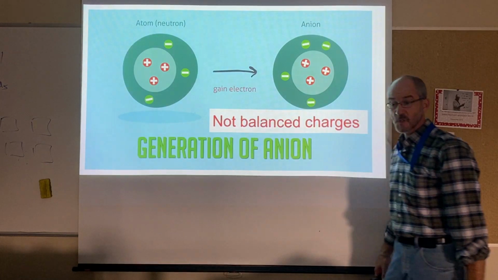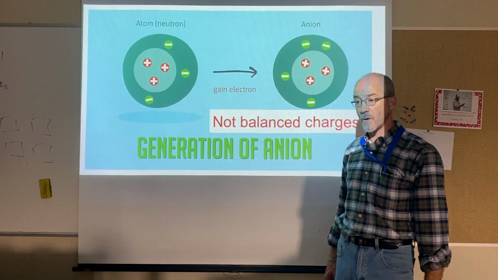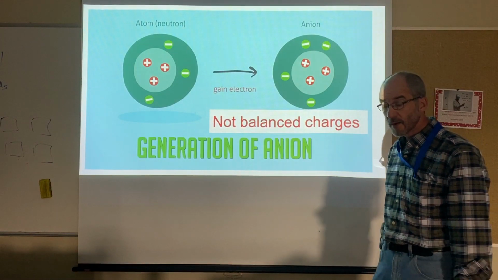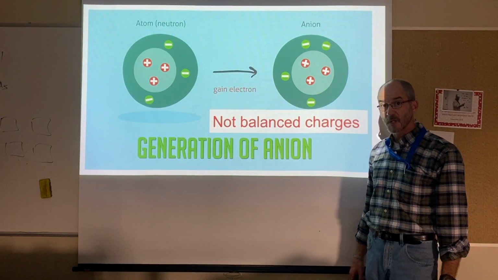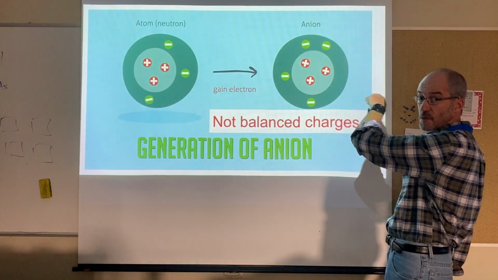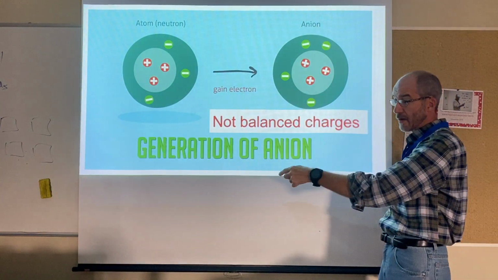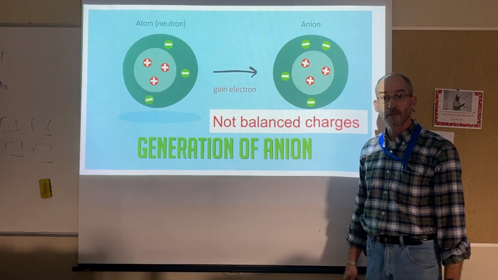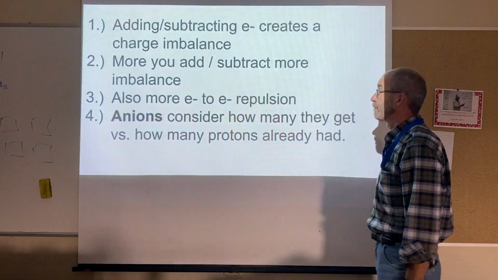So the rule is cations always get smaller, anions always get bigger, but the trend is as you go across, they still get smaller, and as you go down, they still get bigger. Basically the same trend that you saw with atomic radius.